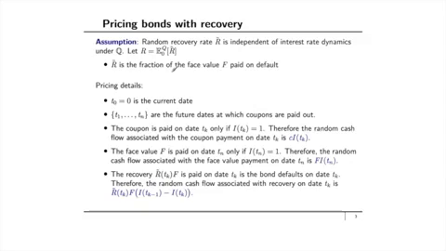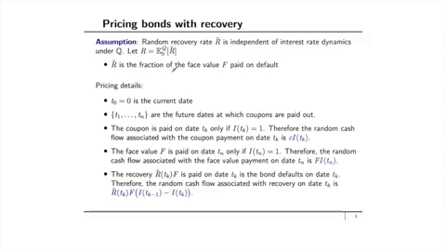The face value F is going to be paid on date Tn only if ITn is equal to 1. Therefore, the random cash flow associated with the face value payment on date Tn is going to be the deterministic quantity F times the random quantity ITn.